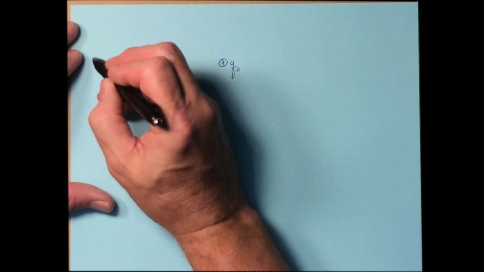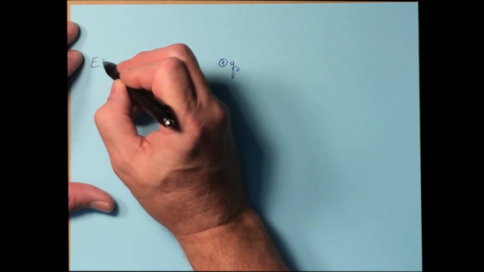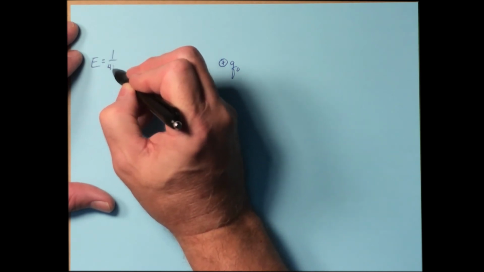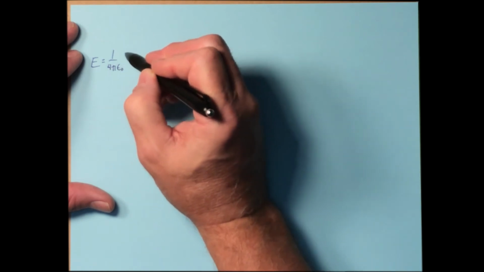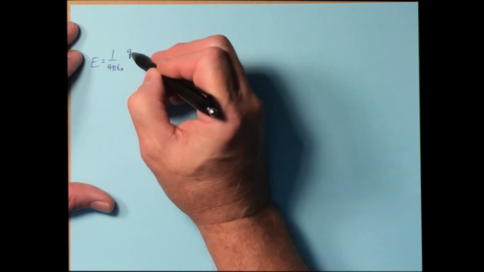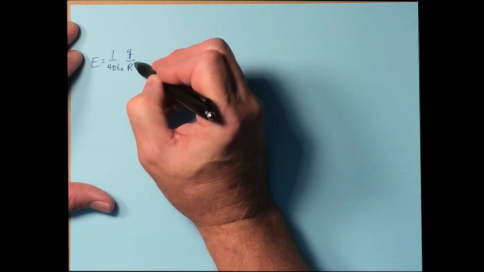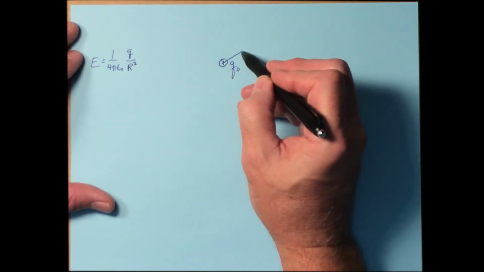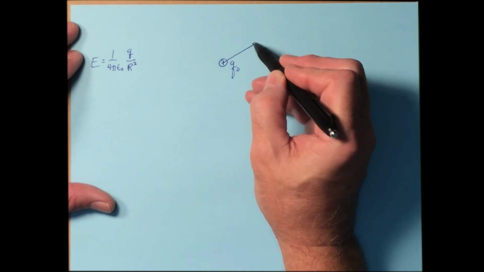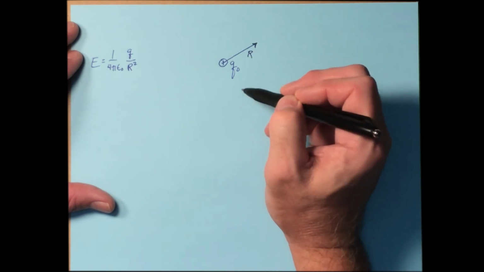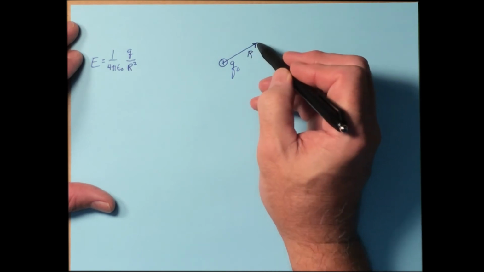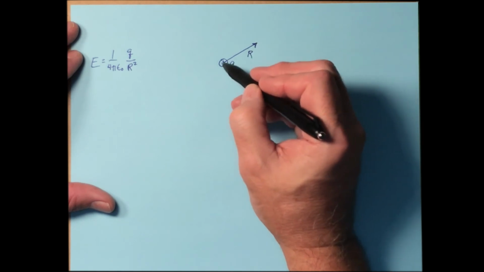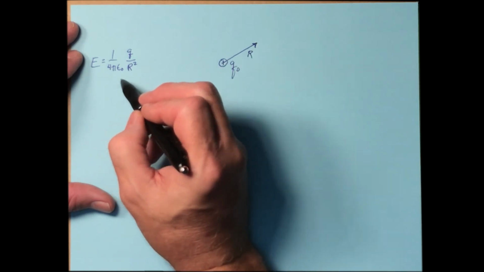You already know that the electric field due to a point charge is 1 over 4 pi epsilon naught, that's k, Q over the distance squared. So if I pick a point out here that is some distance, big R, away, then the electric field at that point due to this point charge is given by this equation.